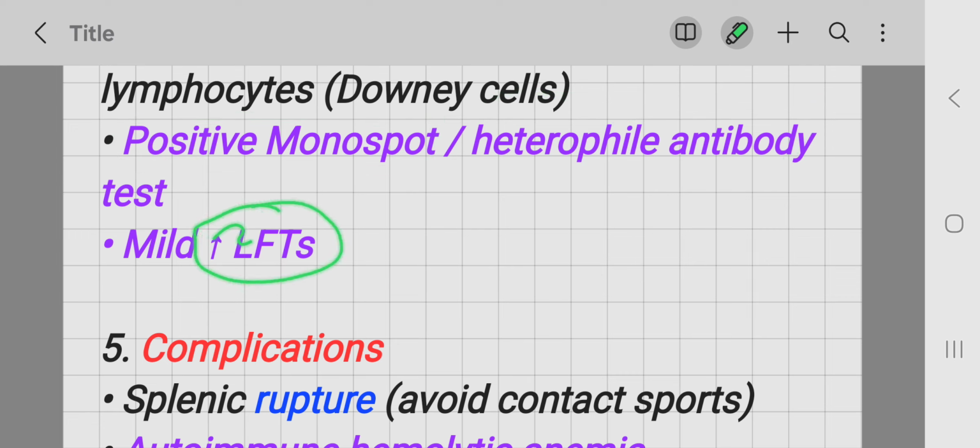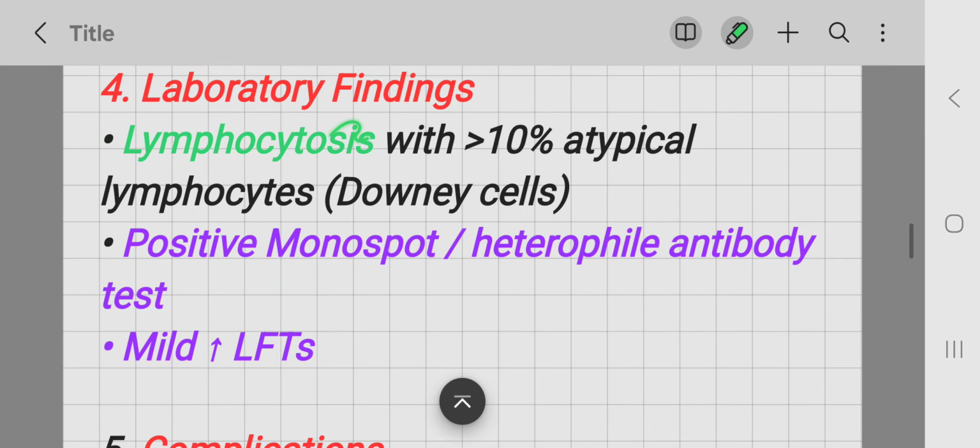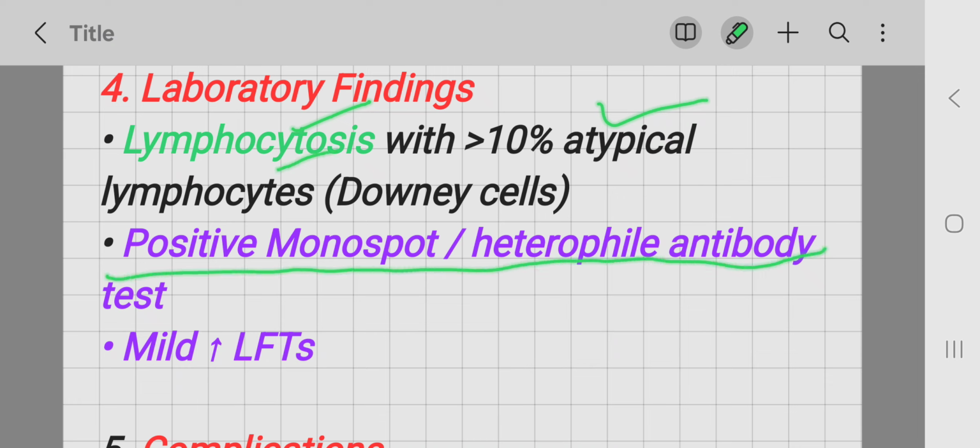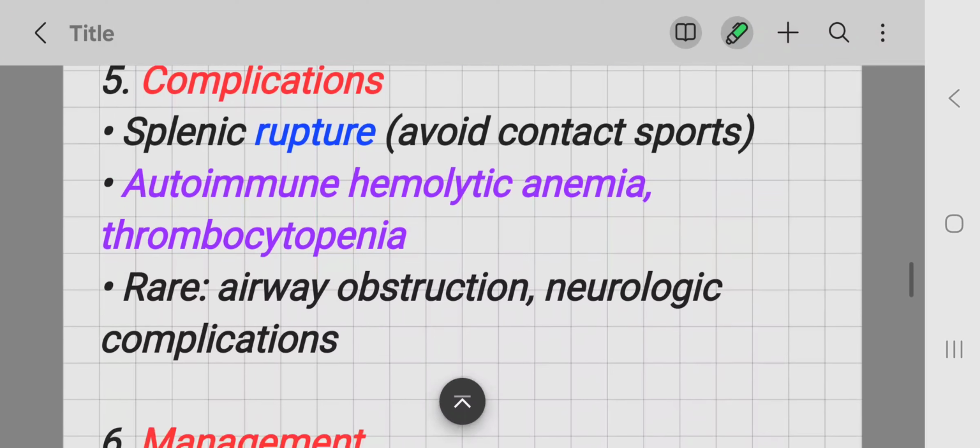There is mild derangement of the LFTs, but the important laboratory findings are lymphocytosis on CBC, atypical lymphocytes on peripheral smear, and the diagnostic test is a positive monospot or heterophile antibody test.